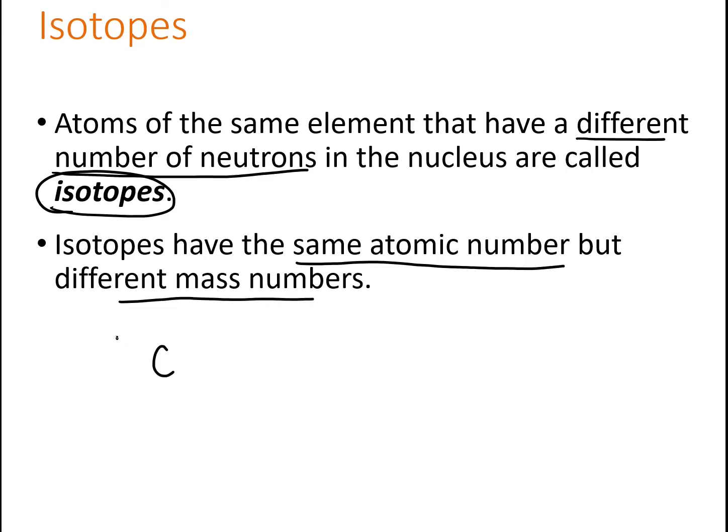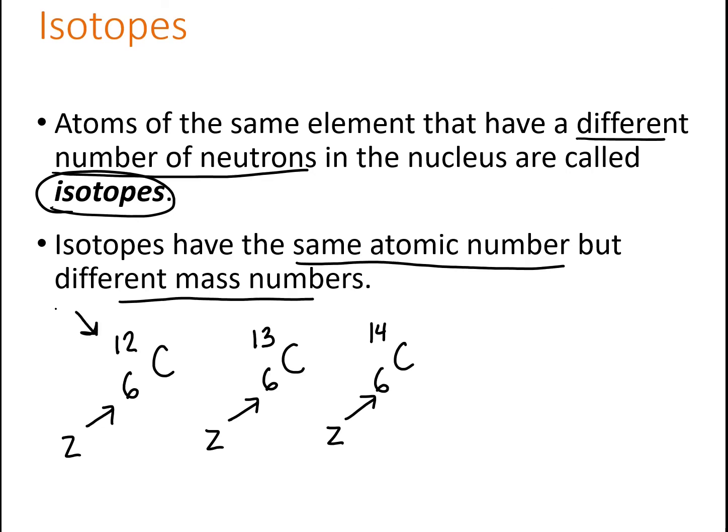So if I have carbon 12, carbon 13, carbon 14, these are all the same element. That's your Z, right? Your atomic number.